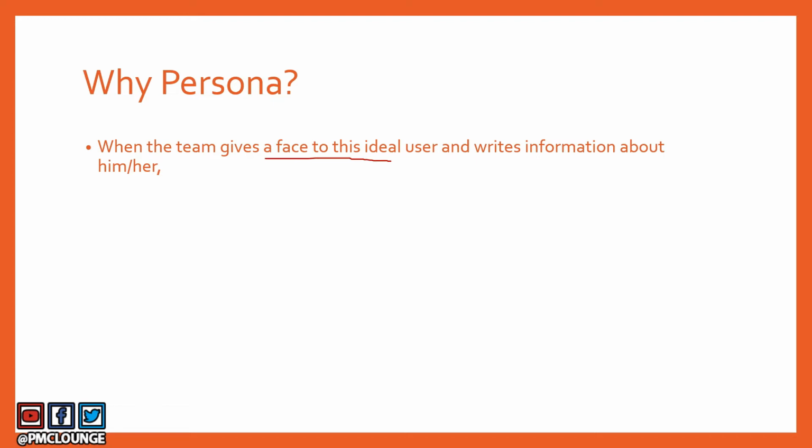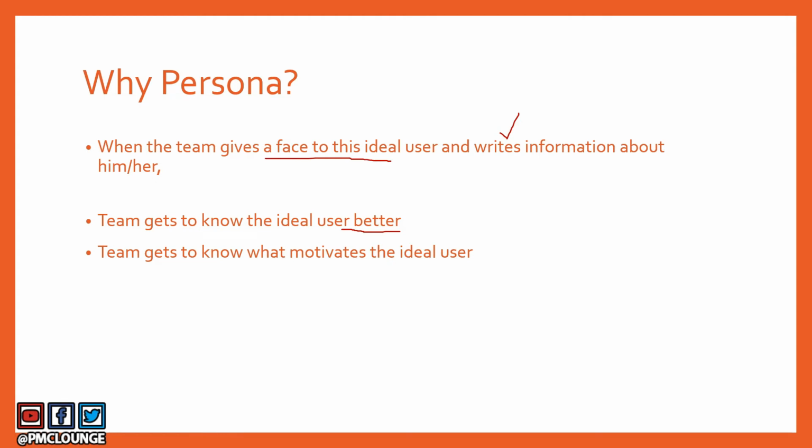And secondly, when the team writes information about this ideal user, the team gets to know the ideal user better. The team gets to know how they actually want the ideal user to use their software product. The team also gets to know what motivates the ideal user to use this product, in what ways, in what kind of scenarios, and how as well.